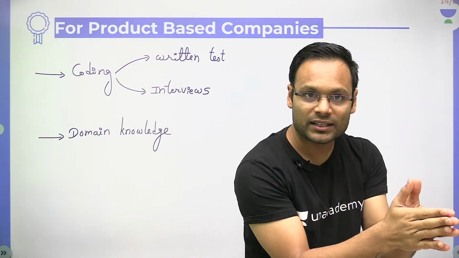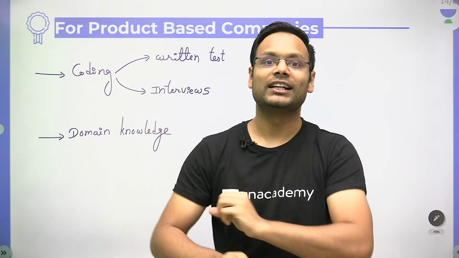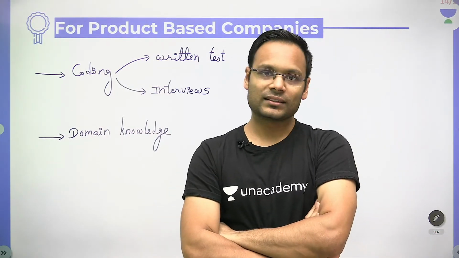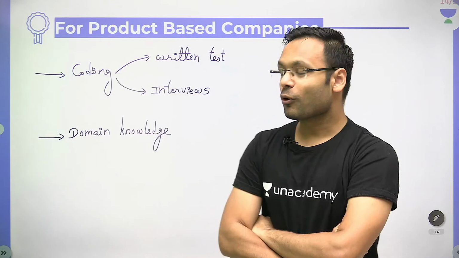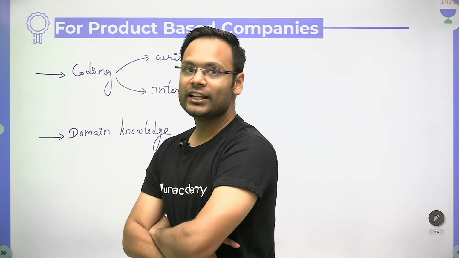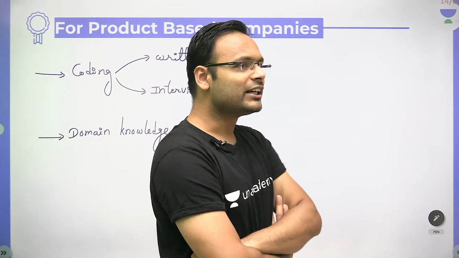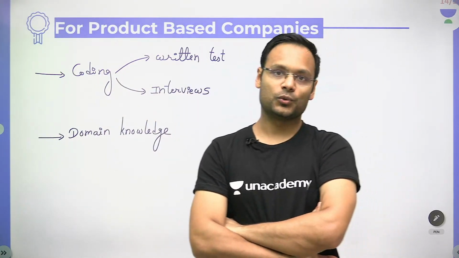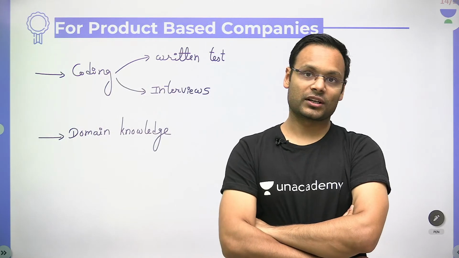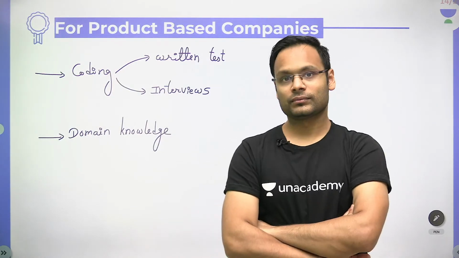See the difference, very simple. In service-based companies, you will be asked what a context switch is, and you will answer it. In product-based companies, they'll directly ask: you know context switch, right? You'll say yes, sir. So in a context switch, what kind of data structure is used? Where is that data structure? Who maintains it?